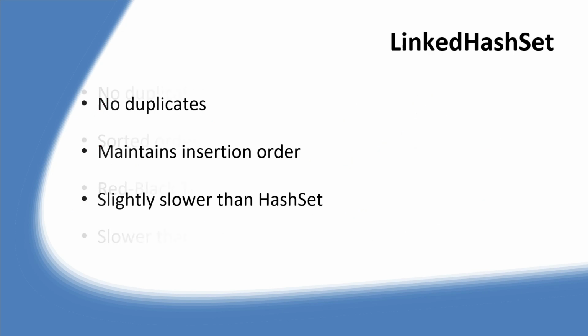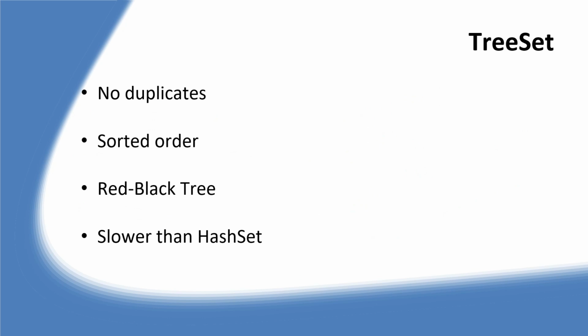Okay, so let's see the third implementation class, that is TreeSet. For TreeSet, we know there are two things: no ordering, and it provides sorting. These 2 points for this implementation class. No duplicates, since it implements the Set interface, and the Set interface has the property that duplicates are not allowed.